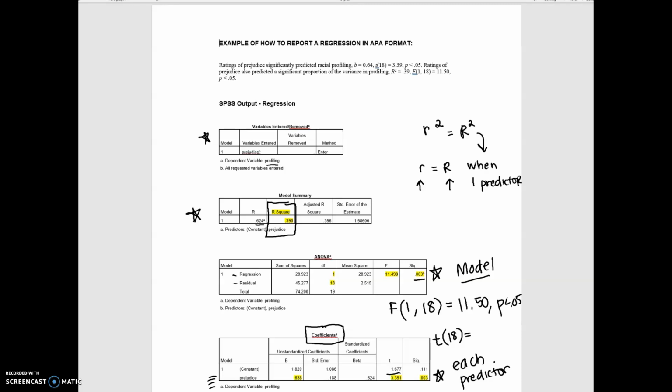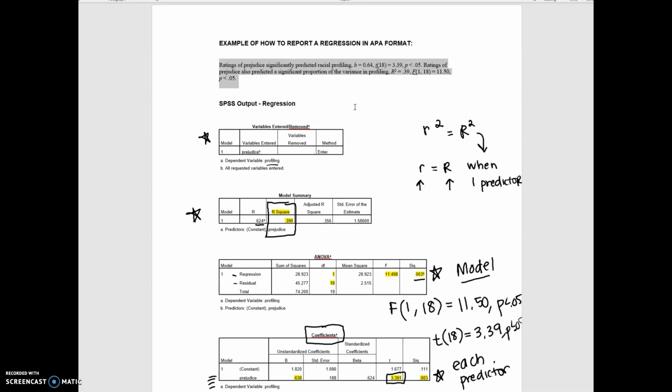The value of t is here, which is 3.39. And that also is significant at 0.05. You'll notice that this is typed here already, and we also include the slope, which is the coefficient of prejudice. We'll include it all in this APA style formatting of how to report these results, and we'll put it all together.